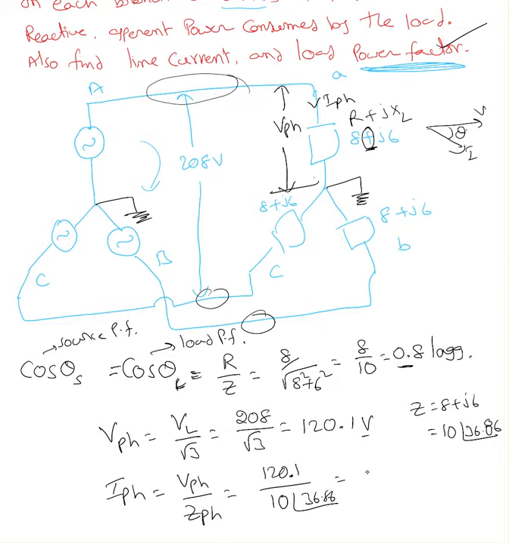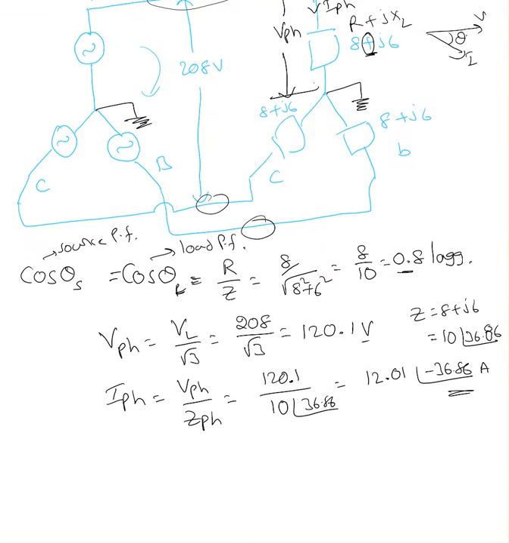So 120 over 10 is 12.01 at an angle of minus 36.86 ampere. So that is the current.